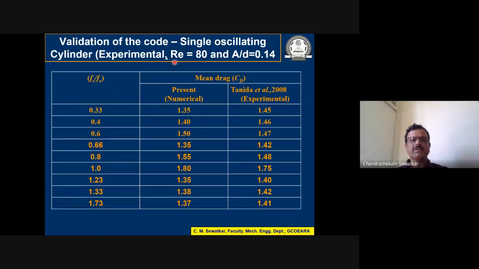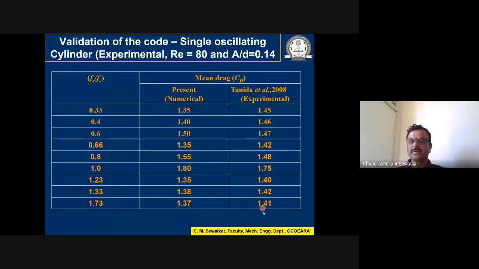We also compared our results with the experimental results available in the literature. Again the forcing frequency ratio was varied over a large range. The simulations were carried out at a large number of forcing frequency ratios. These are the present results, and here are the results provided by Tanida et al., 2008.